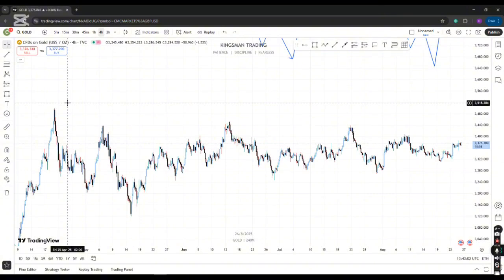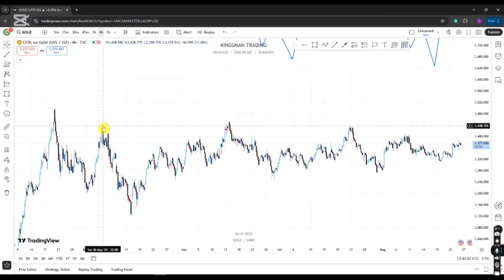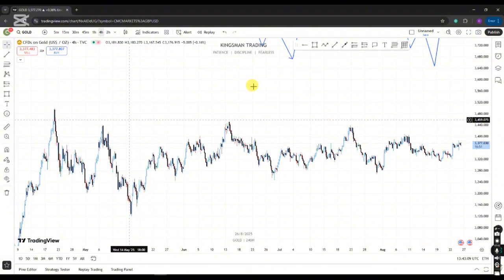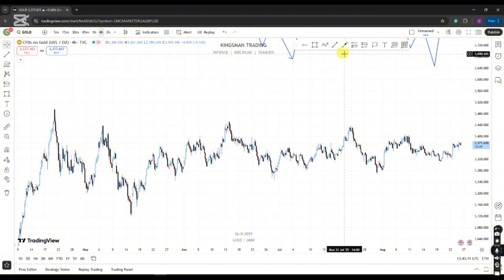Yeah, sorry about that. So this is a valid order block for me, and the presence of this inducement or this liquidity close to it. So to me, for a valid order block, I want to see liquidity close to that point.